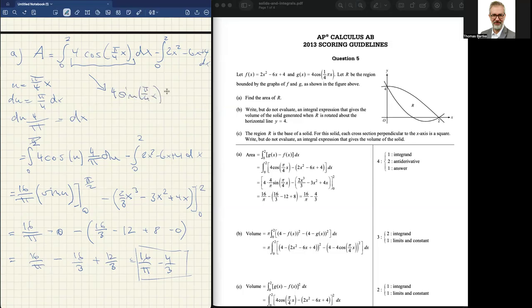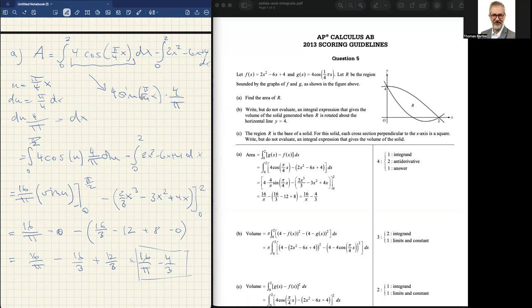And then you just have to adjust for the factor of pi over 4 that you'd multiply when you take the derivative of this, right? So that means you have to add the inverse of that inside factor as an outside factor to the function, and that gets you to this.